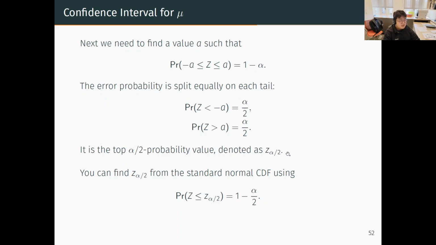We defined this notation in chapter 6. So all those practices we did in chapter 6 are to get this formula, right? So to get this point. We promised to denote it as z alpha over 2.